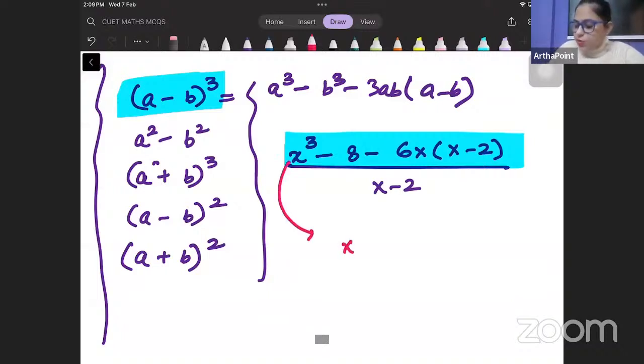So I can quickly write this as (x minus 2) whole cube upon (x minus 2).